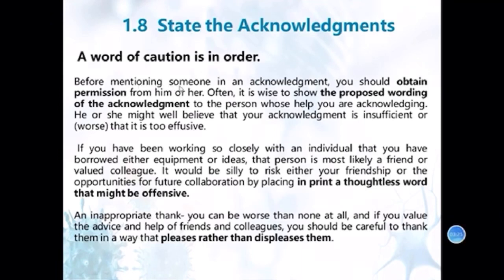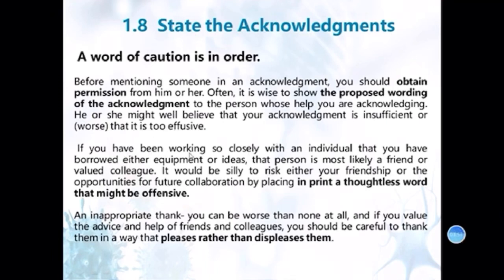Before mentioning someone in an acknowledgement, you should obtain permission from him or her. Often it is wise to show the proposed wording of the acknowledgement to the person whose help you are acknowledging. He or she might well believe that your acknowledgement is insufficient or, worse, that it is too effusive.